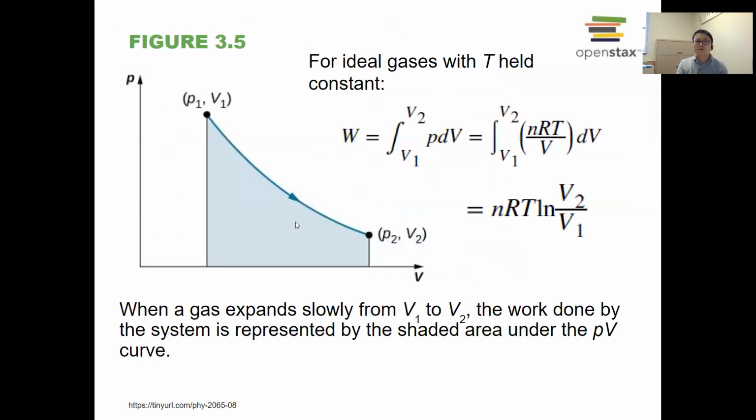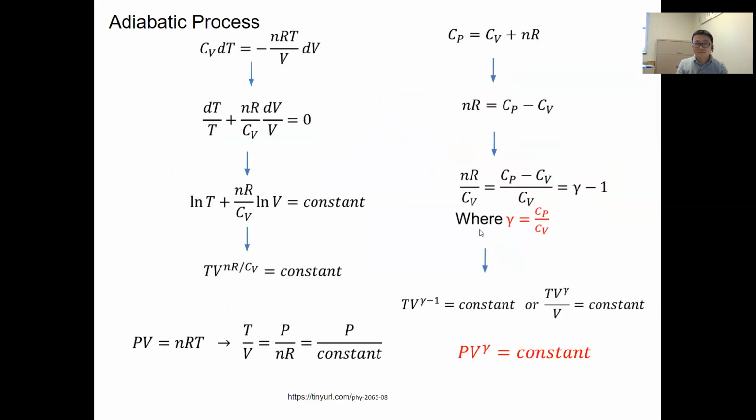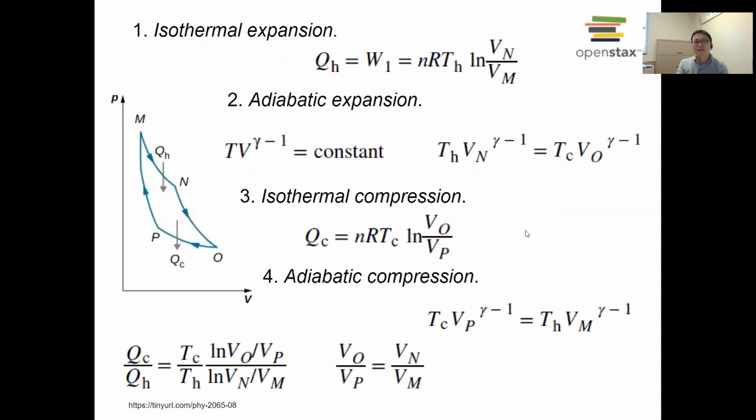For an ideal gas with T constant, we know how to do that: the integral of PdV, which is nRT ln of V2 over V1. And for the adiabatic process, which we saw last time, PV^gamma is constant, where gamma equals Cp over Cv. The work done for an adiabatic process you can also calculate.